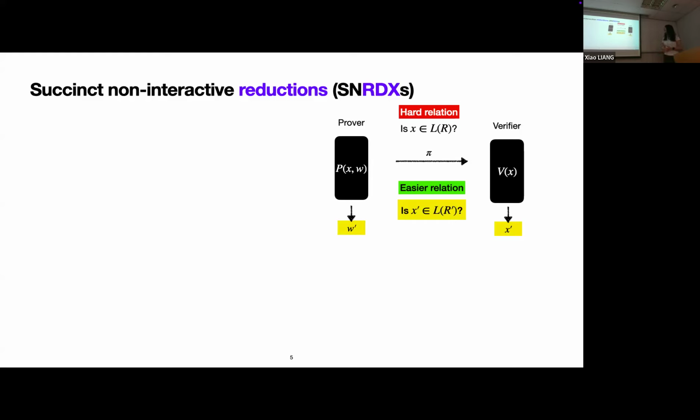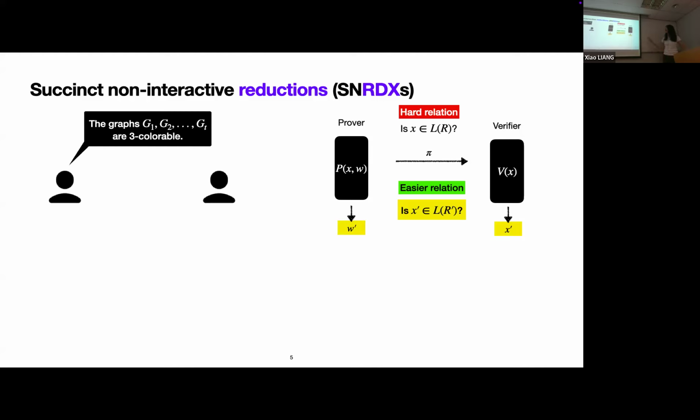So for example, this might be useful if, say, you have n graphs or t graphs that are 3-colorable, and the prover wants to reduce the statement to a statement about just one graph being 3-colorable. So you can reduce the instance size with these objects.